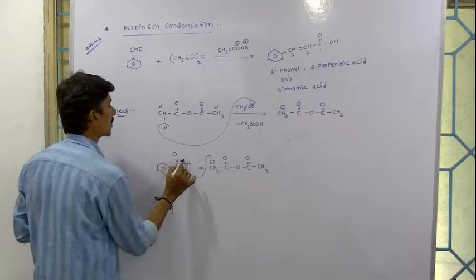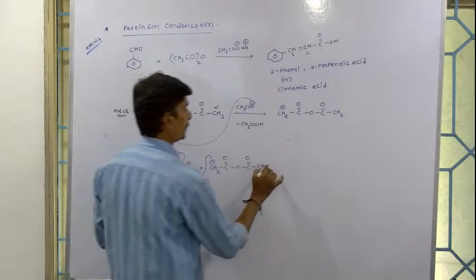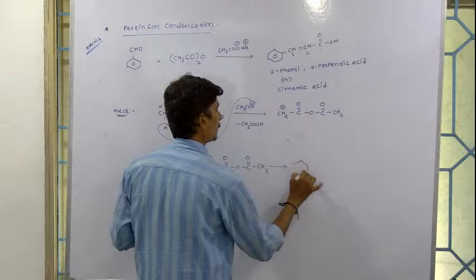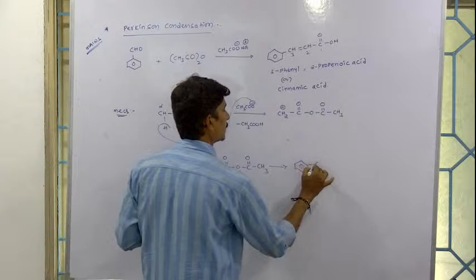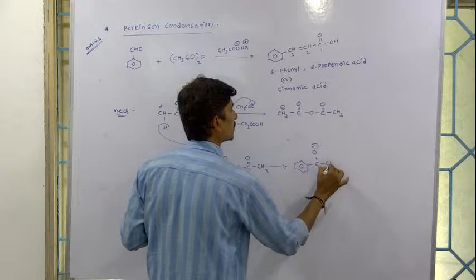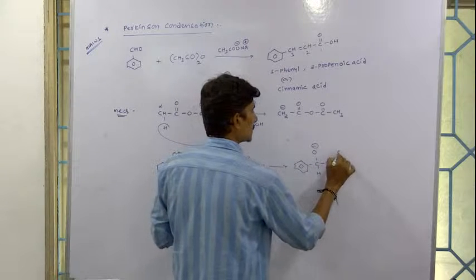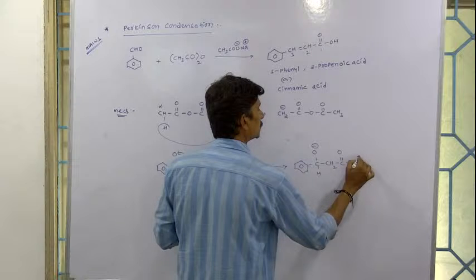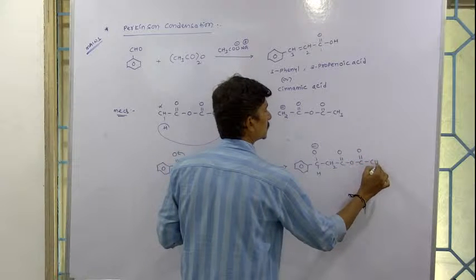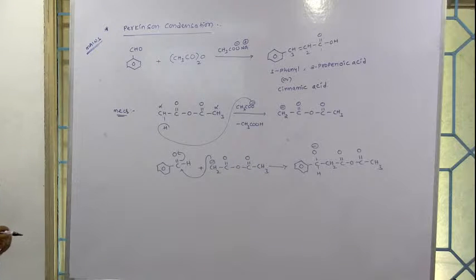Then these electrons are moved towards the oxygen, O minus, H, CH2, C double bond O. Okay.